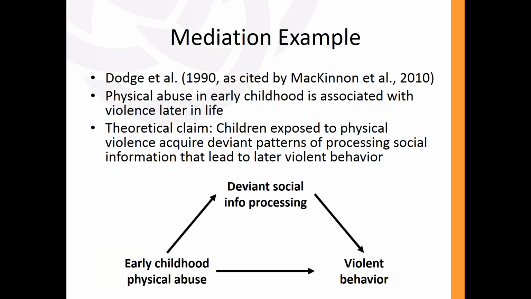That's a technical term, but basically what it means is that when you have both of them in a regression model, the shared variance in the dependent variable that they explain is partialed out. That's what it means to have this link here disappear, because both variables, the early childhood physical abuse and the deviant social information processing, explain the same phenomenon, basically.